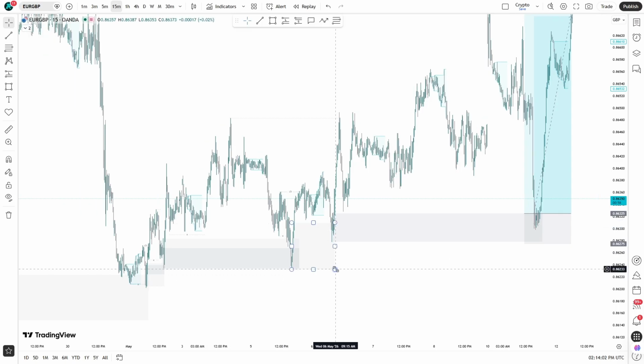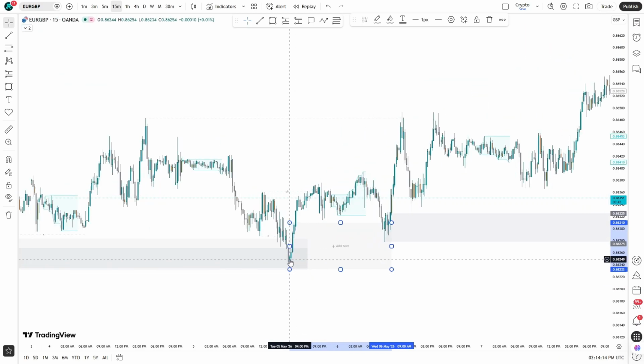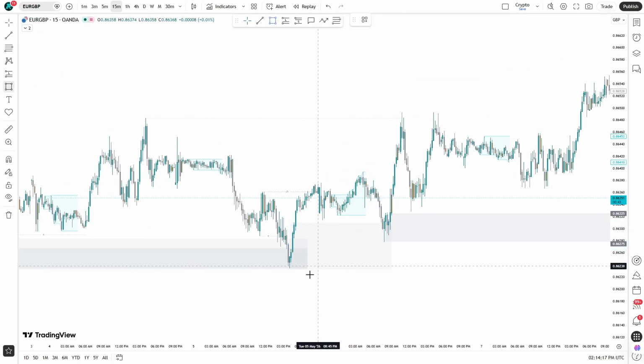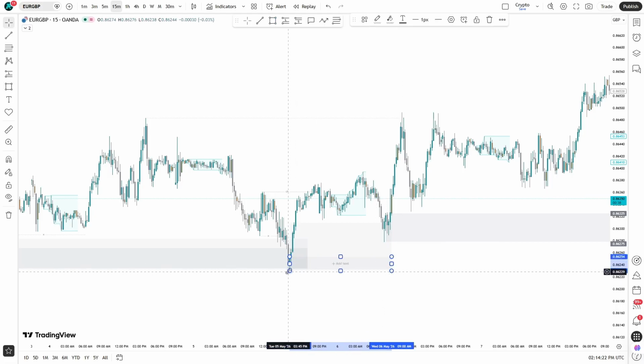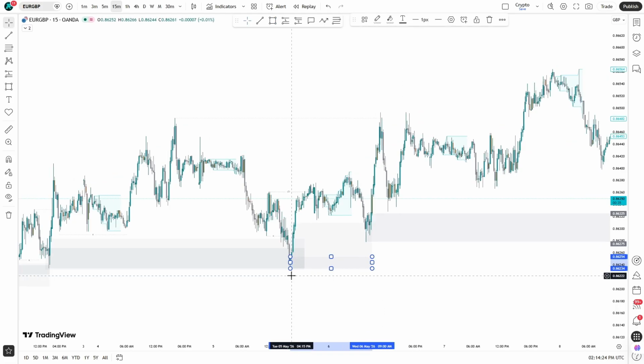Market mitigated the 1 hour demand zone here, but we didn't take the trade because the point of interest is very large, and chances that the market will come down to this particular candle here is very, very low. So that's why we didn't take that trade.